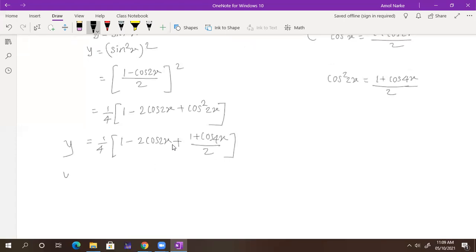So my y becomes 1 divided by 4 minus 2 into 1 by 4, I'm getting 1 by 2, so 1 by 2 into cos 2x plus, again, if I multiply that, it becomes 1 by 8 plus cos 4x divided by 8.